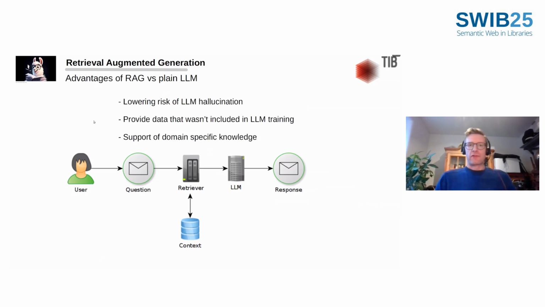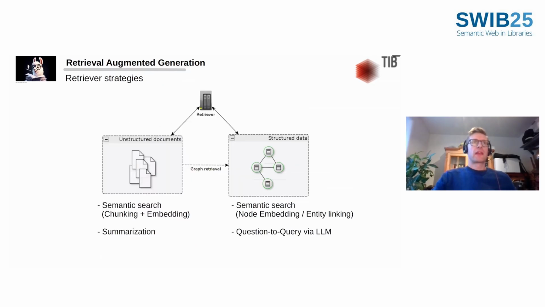And also we have support of this specific knowledge. When we have such a system, there are two types of information that we might have. First, we might have unstructured documents like text files, text data, articles, papers, or we might have structured data like knowledge graphs, relational databases maybe.